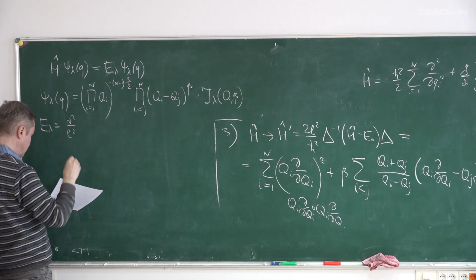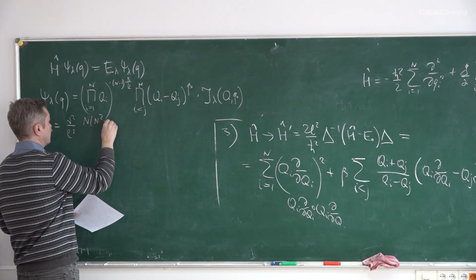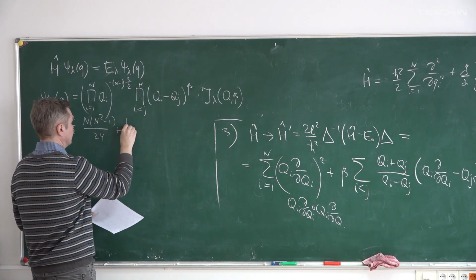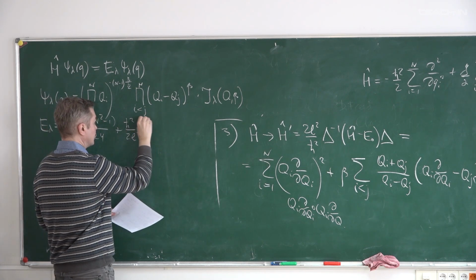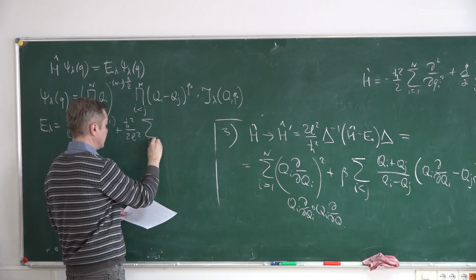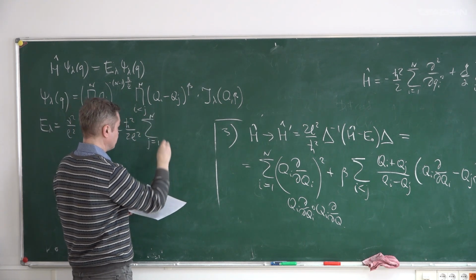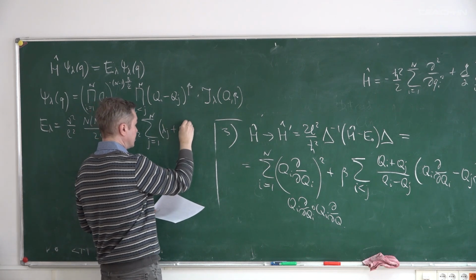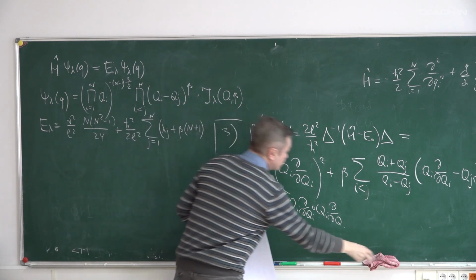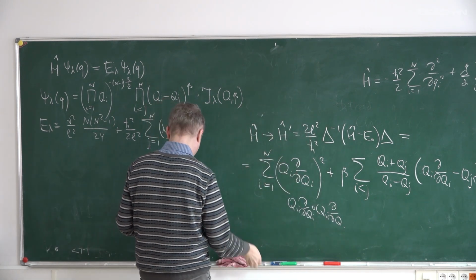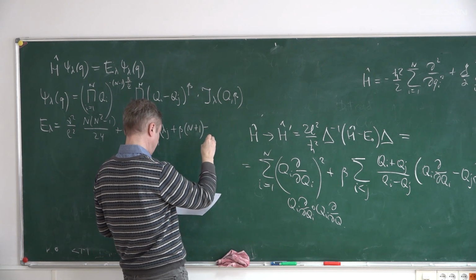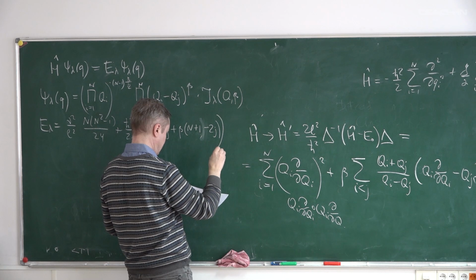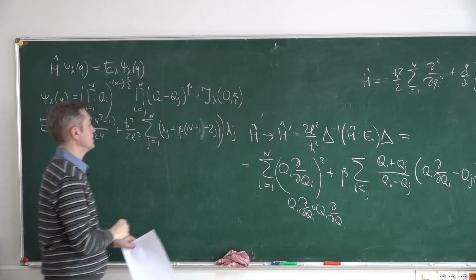It has nu squared over L squared, plus h squared over 2L squared, the sum from 1 to n of lambda j plus beta multiplied by (n plus 1 minus 2j) times lambda j.